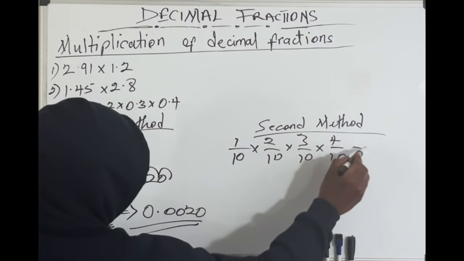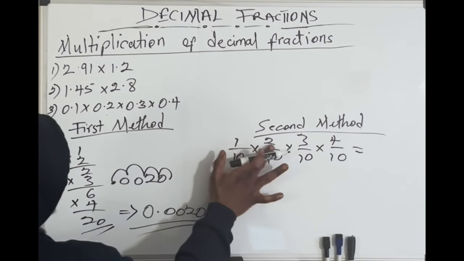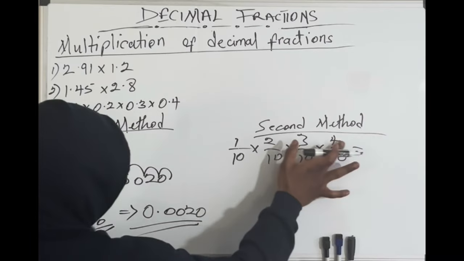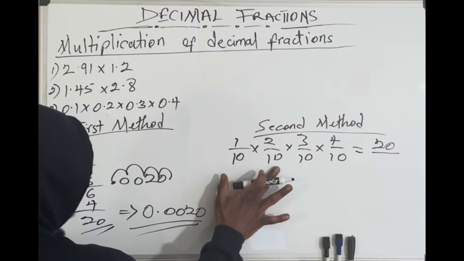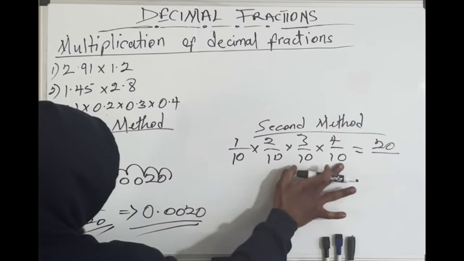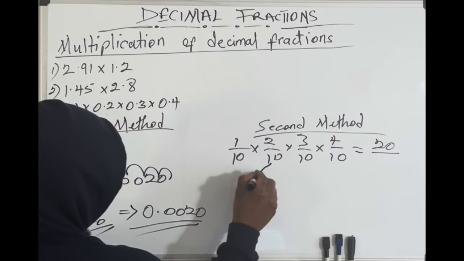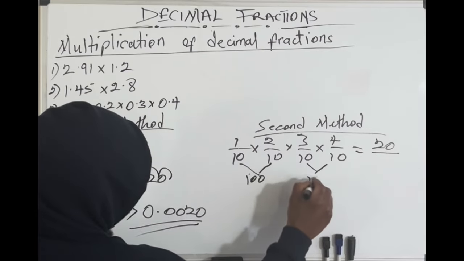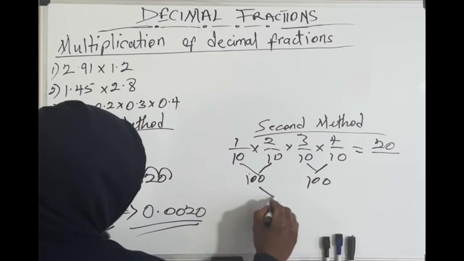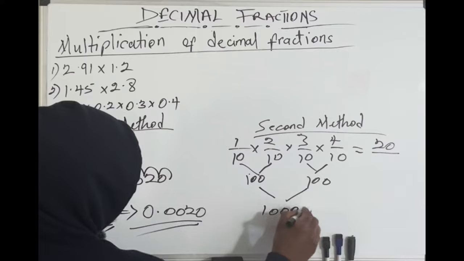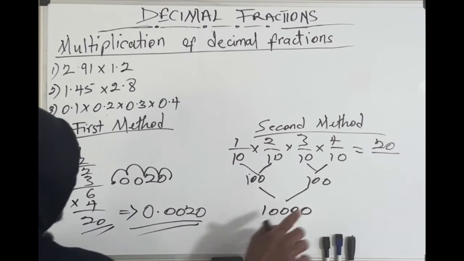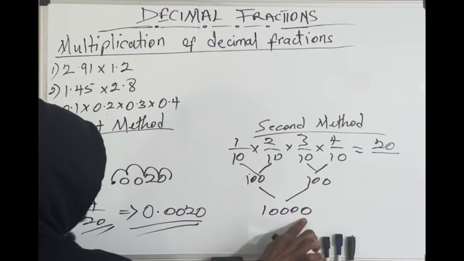Okay, 1 times 2 is 2, 2 times 3 is 6, 6 times 4 is 24. So 24 over 10 times 10 is 100, and then 10 times 10 is 100. Then 100 times 100 is what? 10,000. Okay, because 1, 2, 3, 4 zeros.